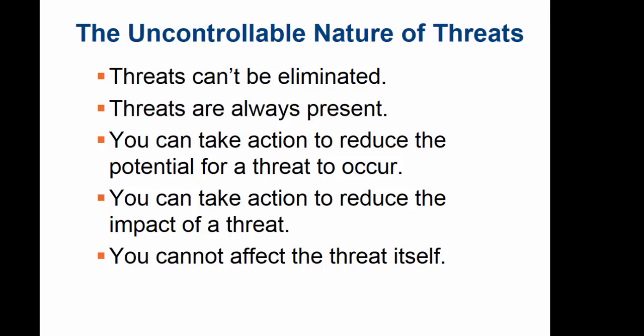And so threats can't be eliminated. The book in the previous chapter, Lesson 1, talked about a thunderstorm and lightning. Well, there's a threat of lightning through the thunderstorms, but if lightning doesn't strike, then you don't actually have an exploit or a vulnerability there, but you do have the threat of lightning.